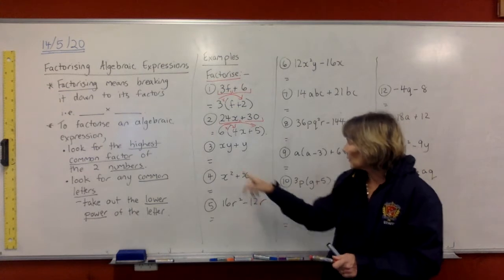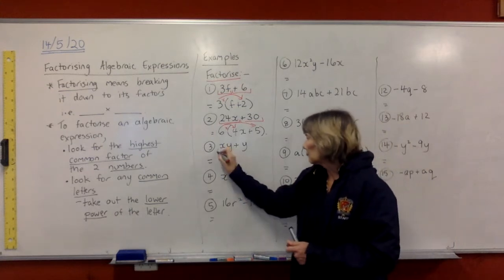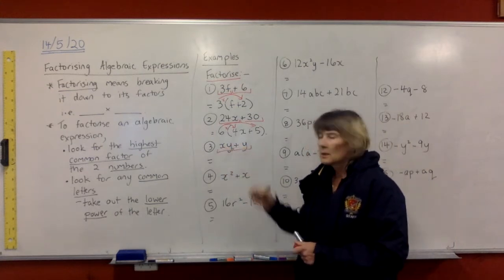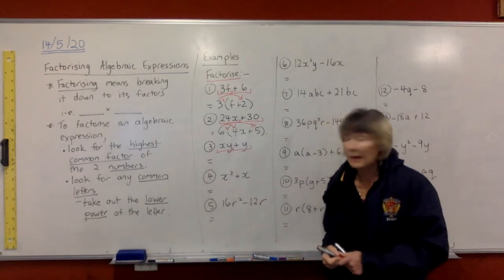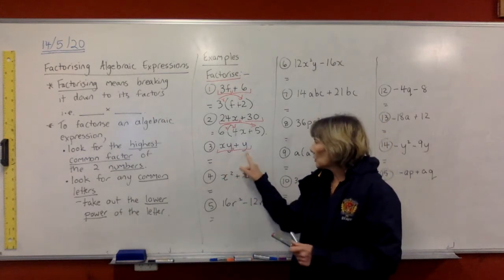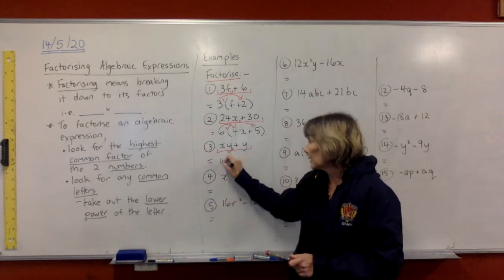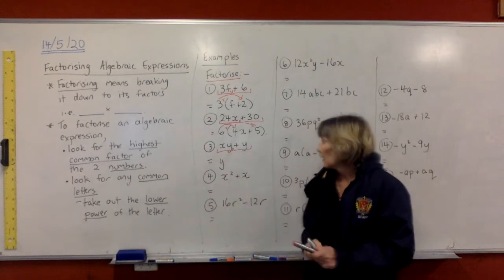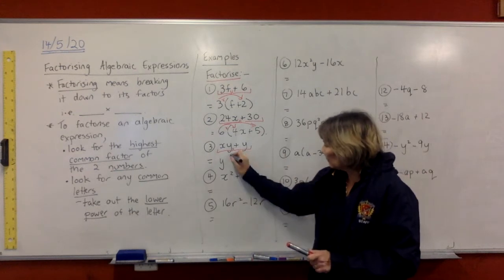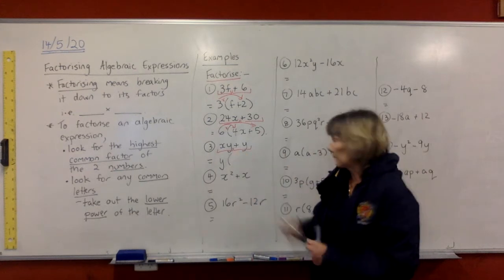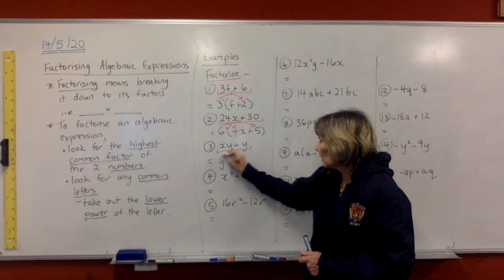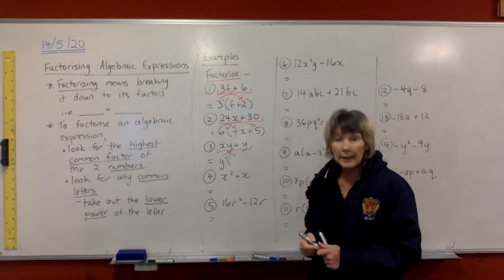So looking at the next one, there's no numbers here, so you don't need to take any numbers out. But in these two terms, they both have a y. So that's a common letter. We're going to take that out. So then we're going to open up our bracket and think about multiplying. So y times what gives you xy?